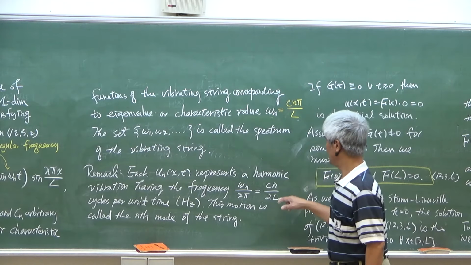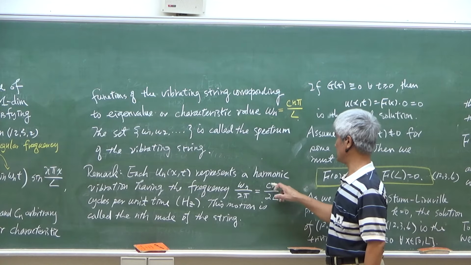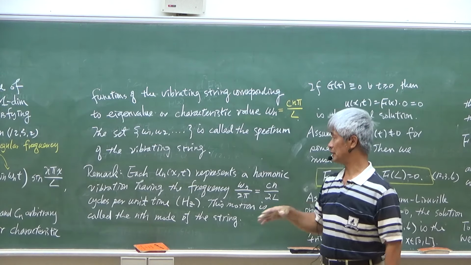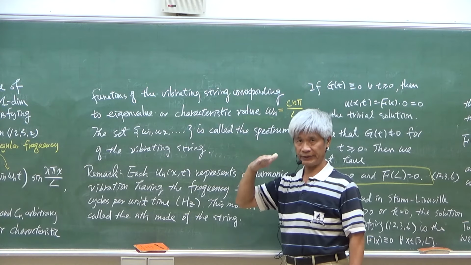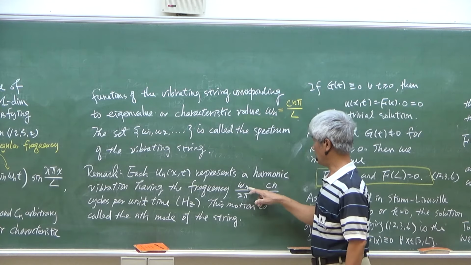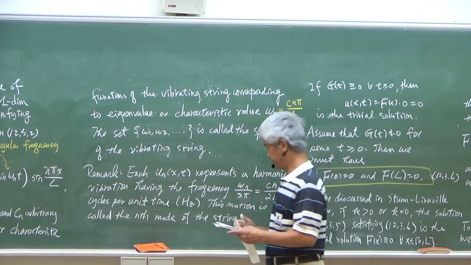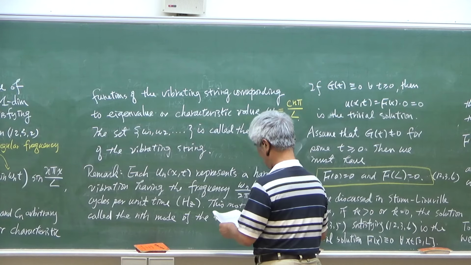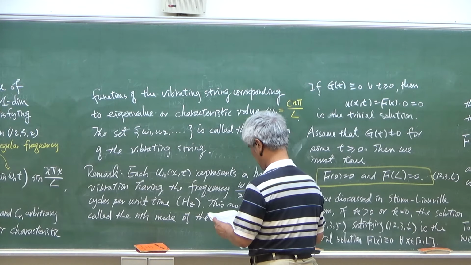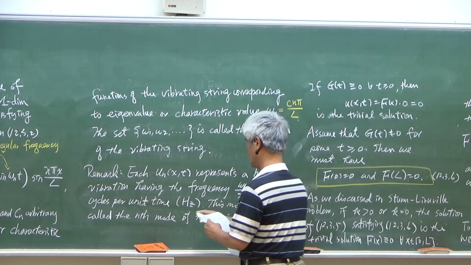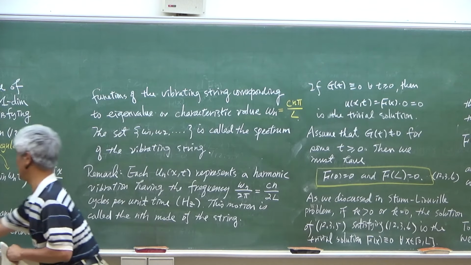And so the first frequency, n equal to 1, is called the fundamental frequency of the vibrating string, and all the others are called overtones. Oh, the n is the normal mode, I'm sorry, I forgot to put normal.